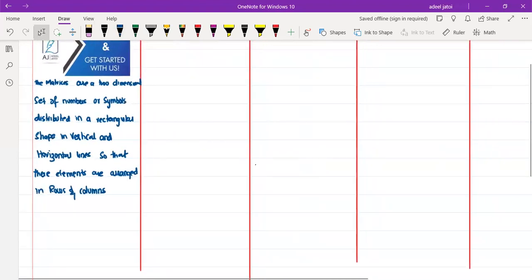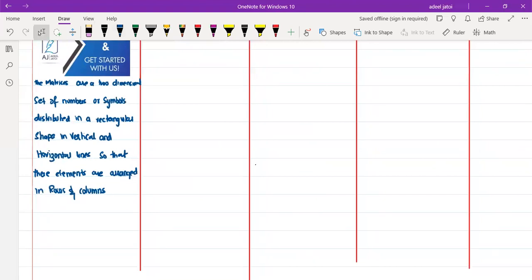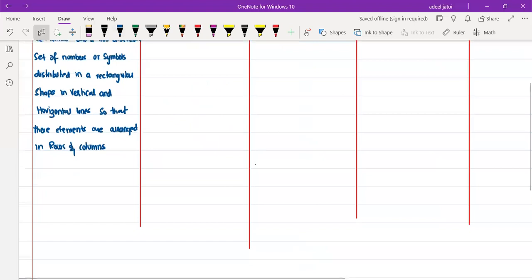Now, normally your matrices are the two-dimensional set of numbers or symbols distributed in rectangular shape in vertical and horizontal lines, so that their elements are arranged in rows and columns.